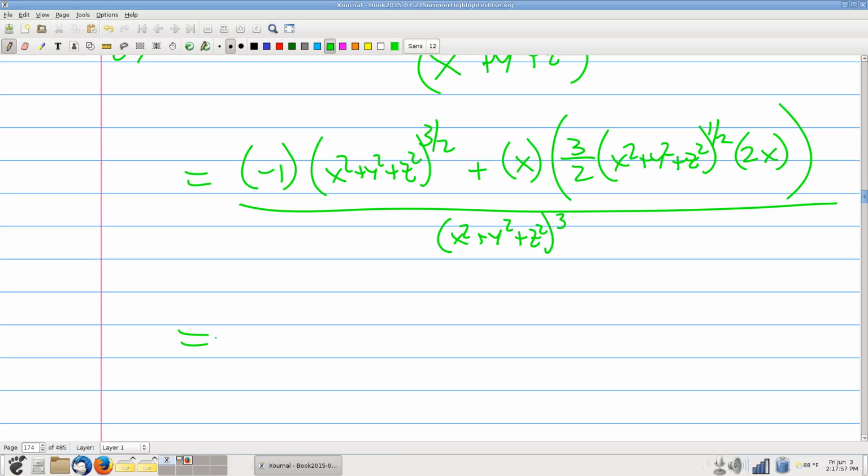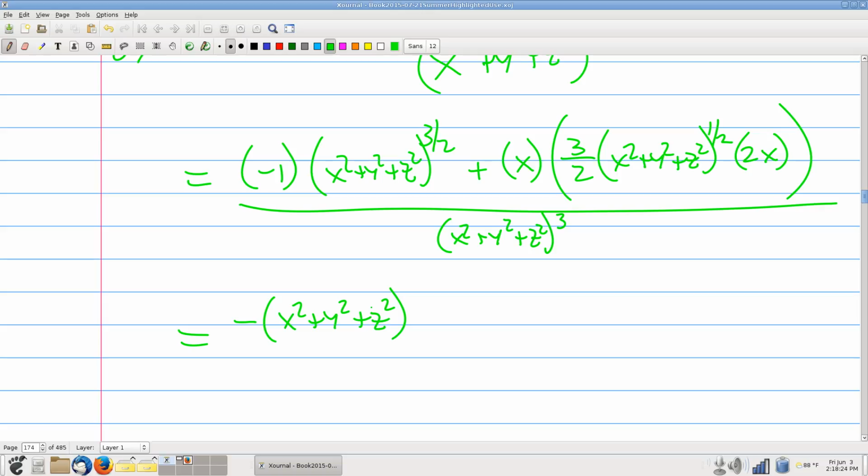Actually, there's a common denominator as well. So I'm going to take away one of these square root of that thing, this thing that I have circled here. That's a common factor, so let me pull that out of all the terms, and that gives me negative x squared plus y squared plus z squared.